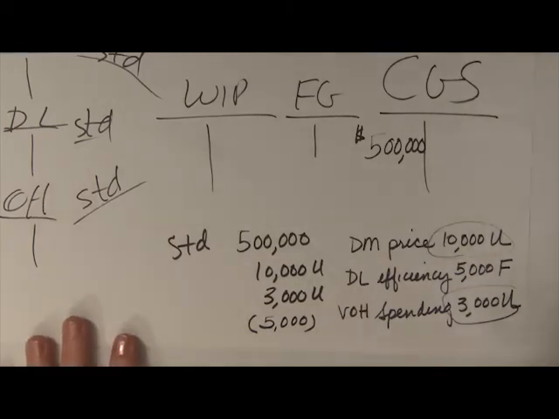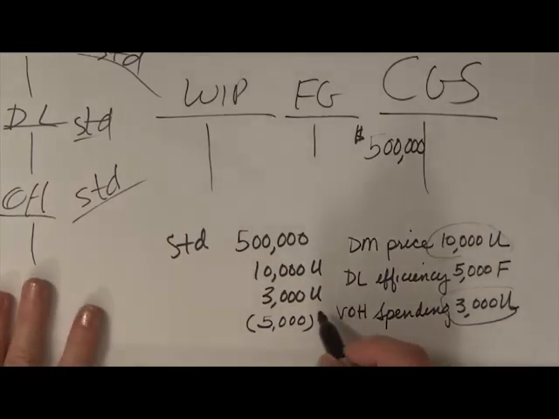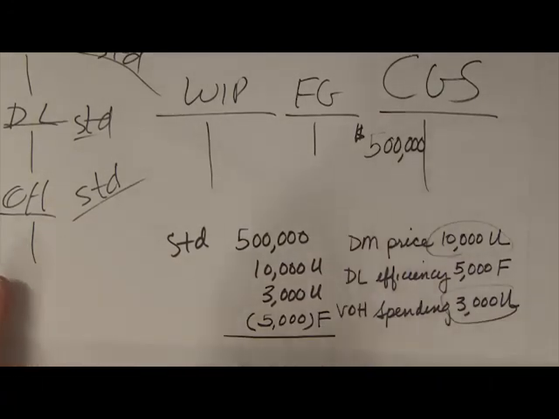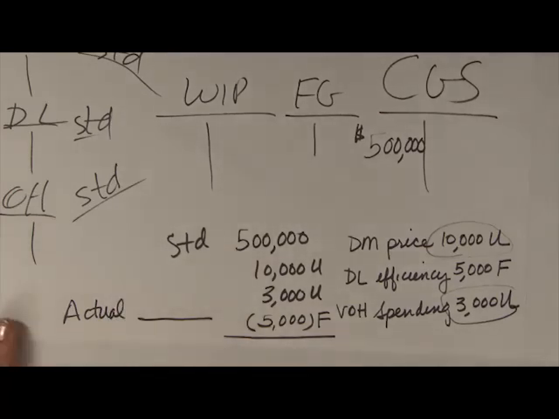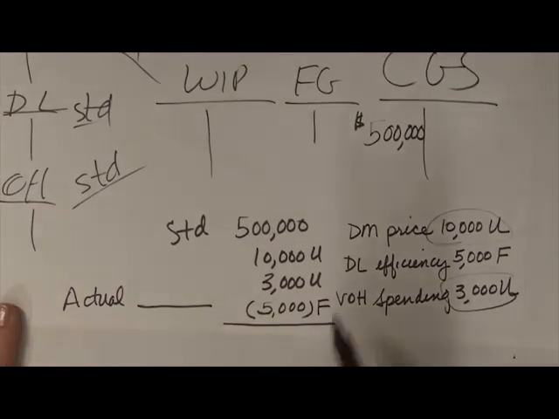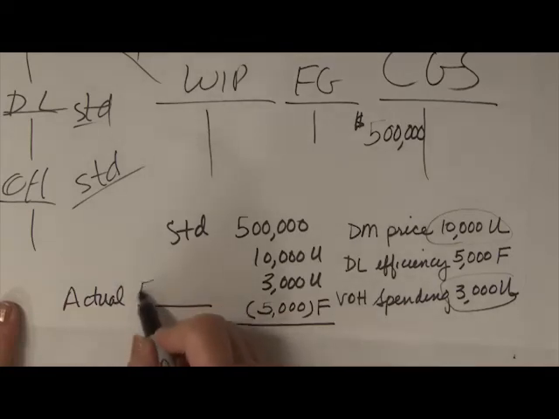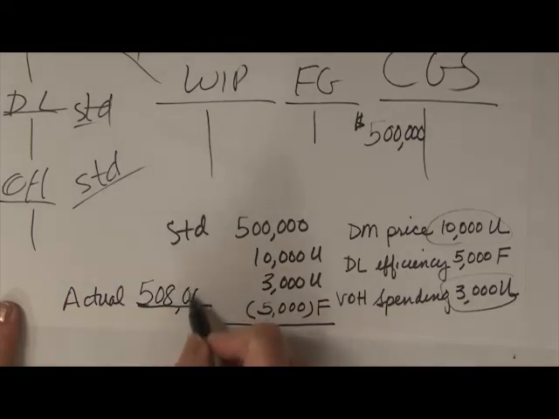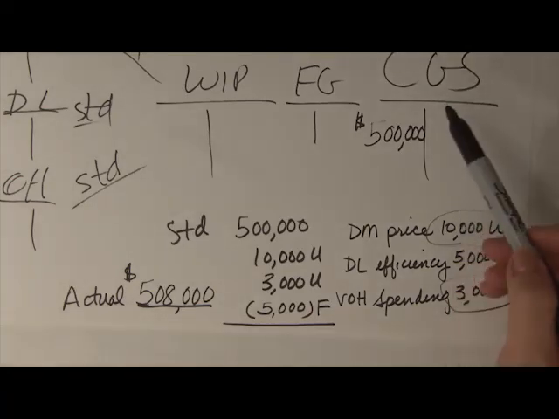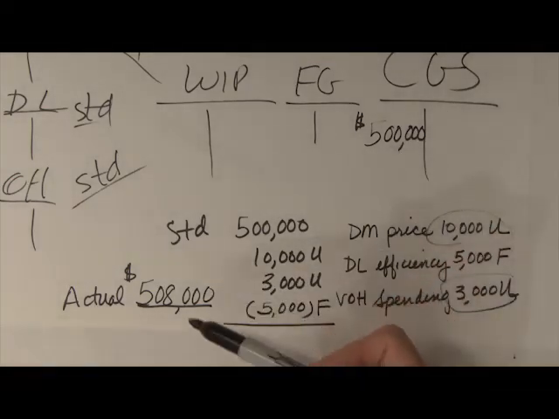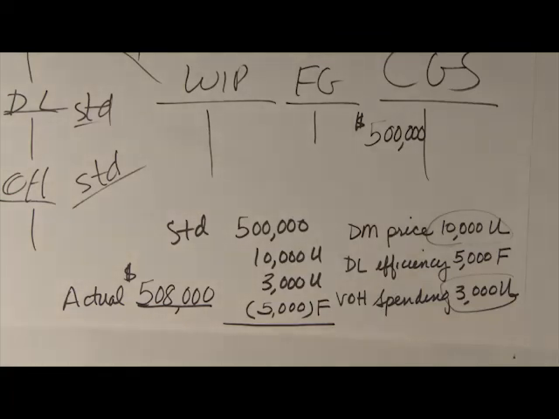So we add the unfavorable, we subtract the favorable. And so the actual cost of goods sold for this company that would go on their external financial statements would be $508,000. So this was converting a cost of goods sold at standard to a cost of goods sold actual.